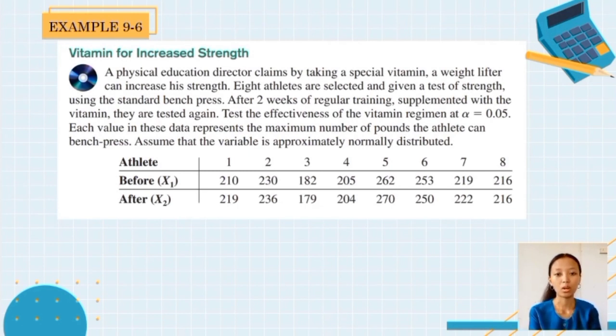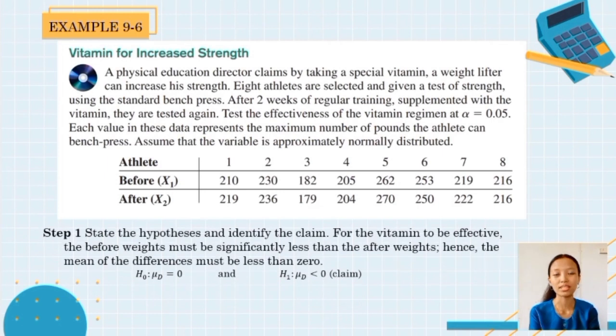So here is the given table. The first row is our subjects, the athletes. We have 8 subjects. The second row is the before weights of the athletes, or the X sub 1, and the third row is the after weights of the athletes, or the X sub 2. To follow the steps of the general procedure for testing the difference between two means for dependent variables, step 1 is to state the hypotheses and identify the claim.